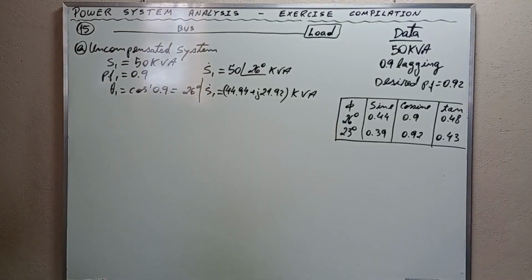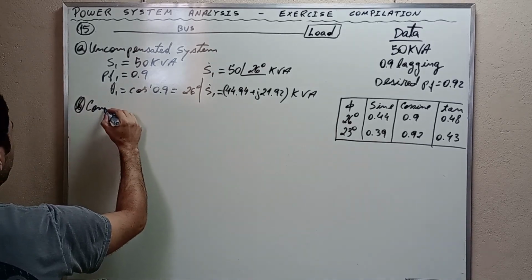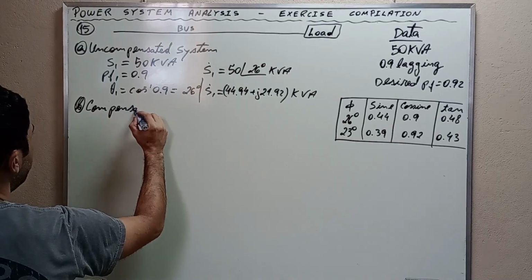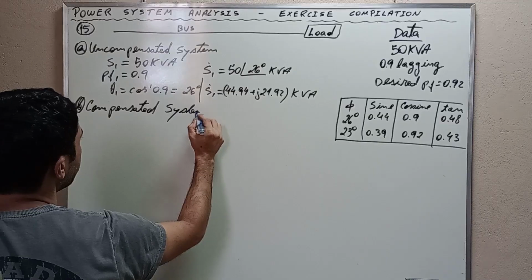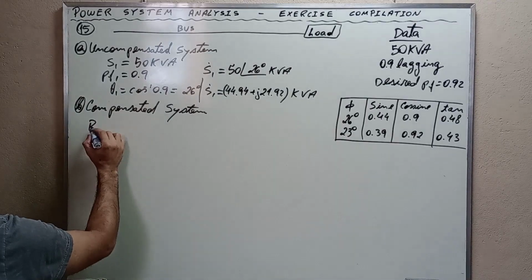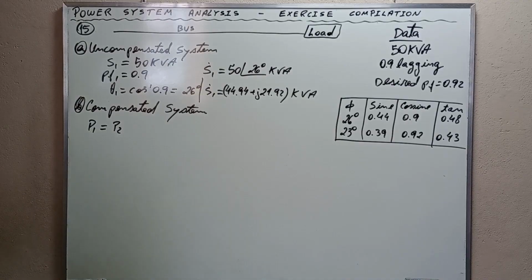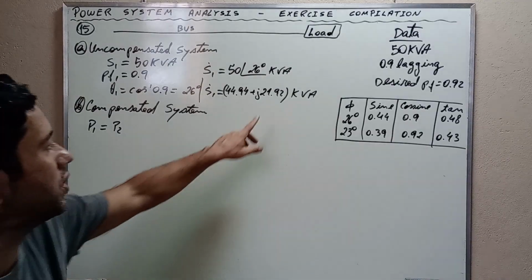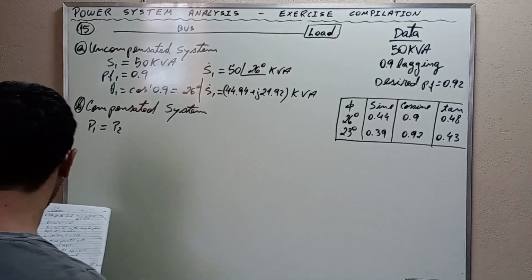Let's work on the compensated system now. The first thing that we need to notice is that P1 has to be equal to P2 because the real power must not change. What's going to change is the reactive power, alright?